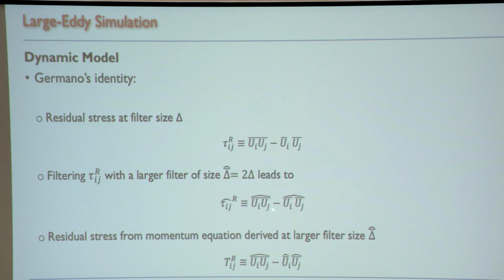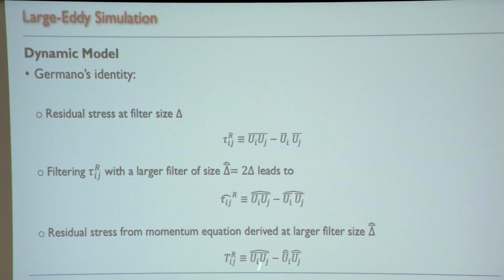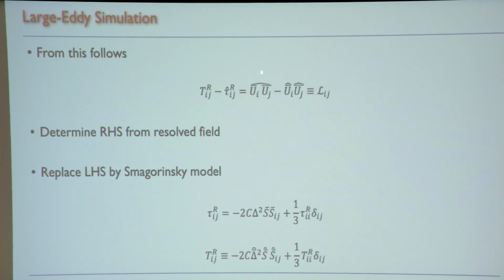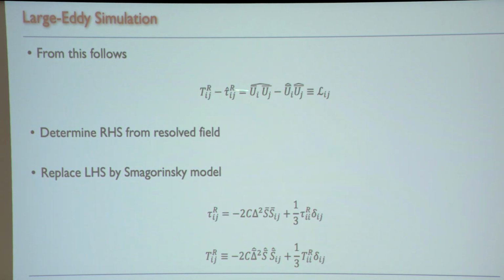Here you always have this term that is unknown, but if I take the difference, then this term goes away, and all of these are terms that are evaluated with the resolved velocity, so I can evaluate the right-hand side. The left-hand side is the model: I use the Smagorinsky model for the small scale, and then I filter this to the larger scale, and I use the Smagorinsky model that's written for the larger scale.